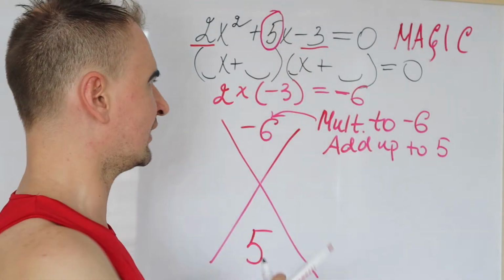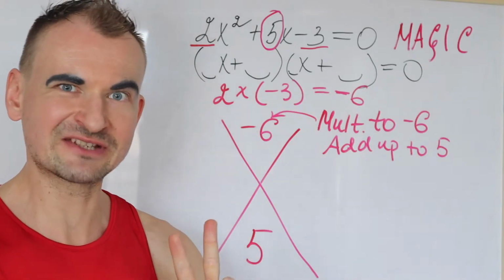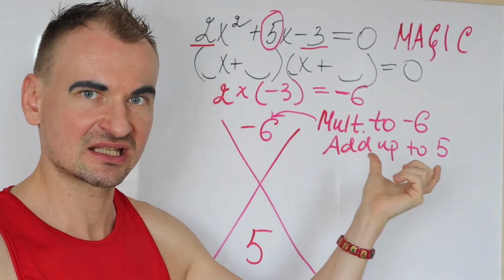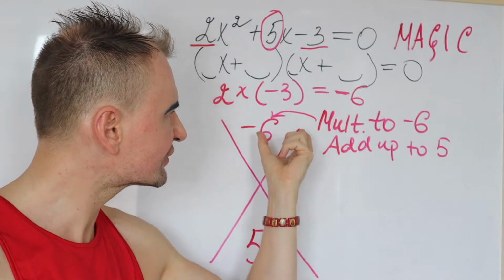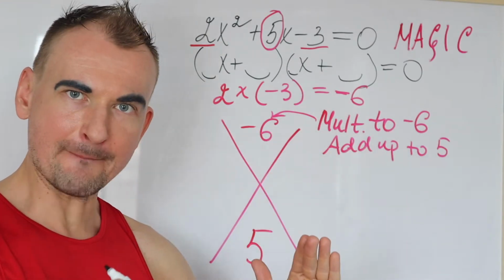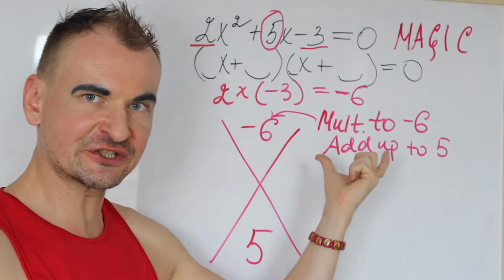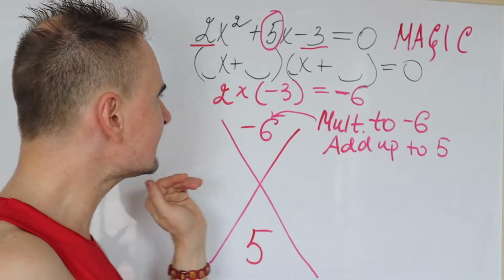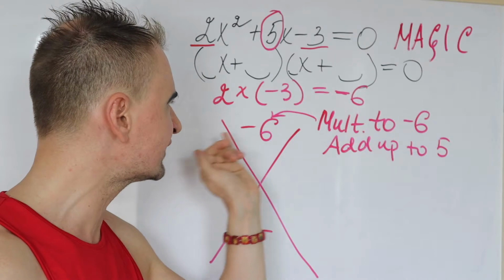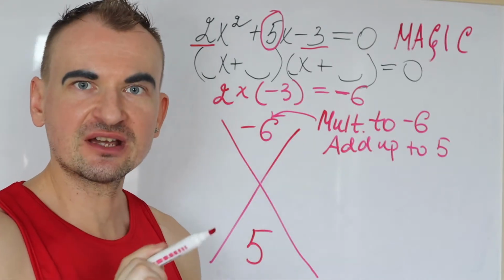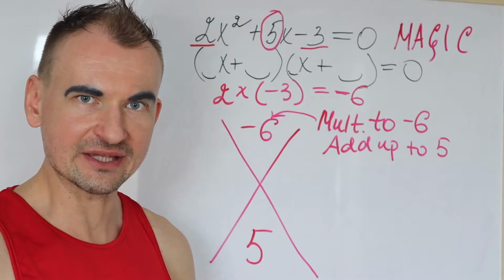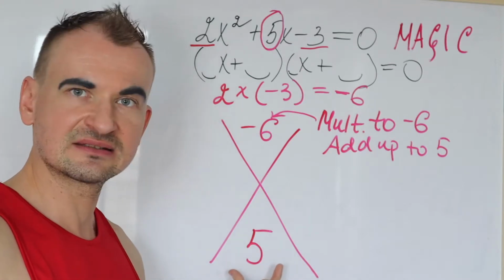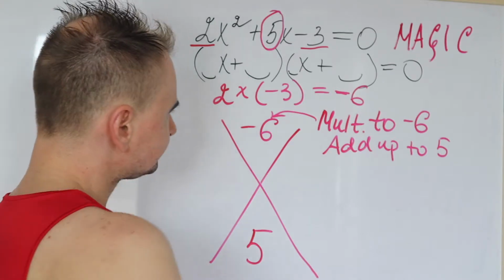So once again, we're after two numbers whose product is -6 and whose sum is 5. To achieve this, you can list out all factors of -6 and check all pairs and find out which pair gives you this 5.